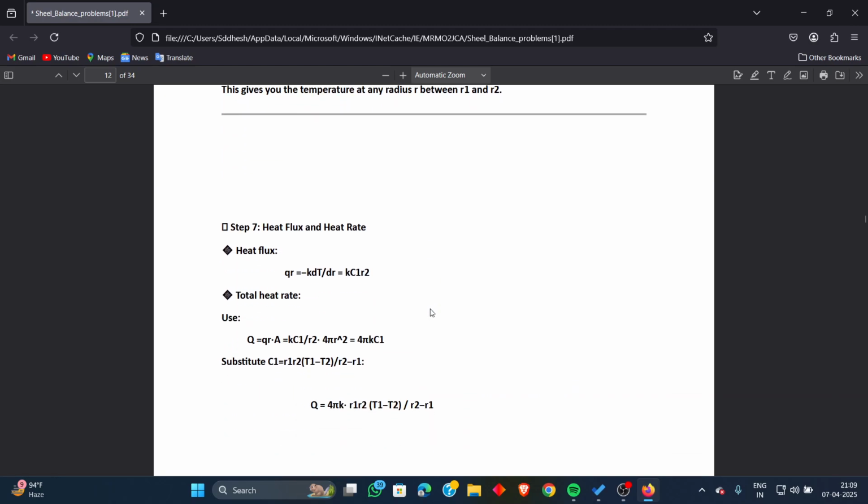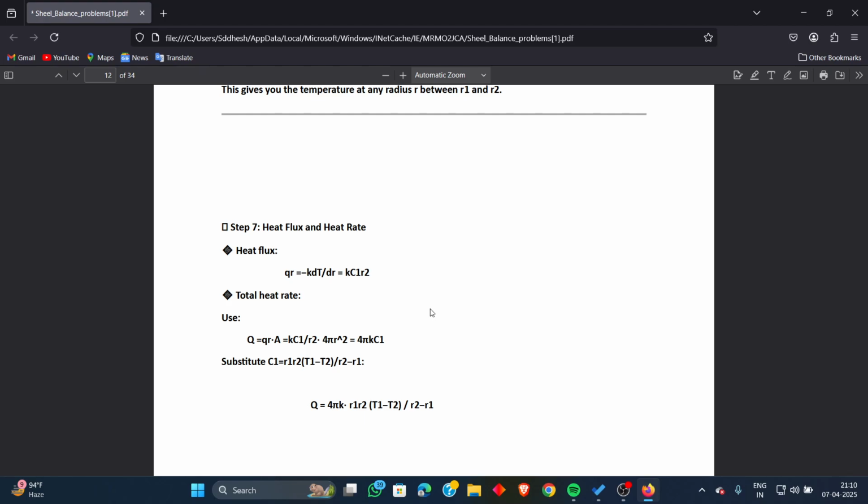Step 7, heat flux and heat rate. Heat flux is q(r) is equal to minus k dT/dr, which is equal to k C1 upon r squared. For the total heat rate, we use Q is equal to q(r) times A. That is k C1 upon r squared times 4 pi r squared, which is equal to 4 pi k C1.